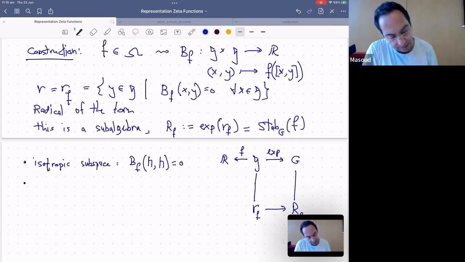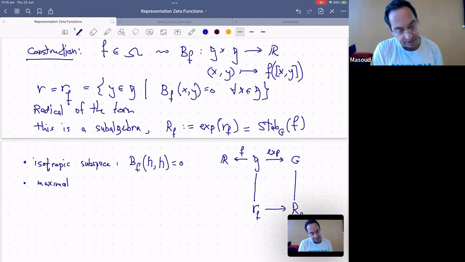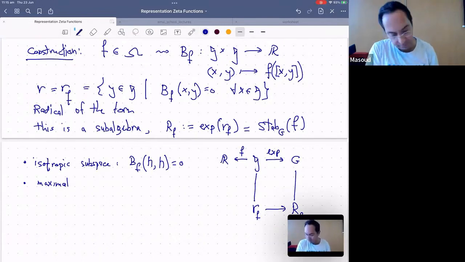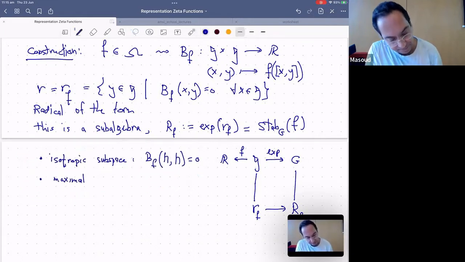And we say that it is maximal if it's maximal with respect to inclusion. And if it's isotropic and maximal, then it will be called, okay, let me, I need some more room because I have some more names here. So isotropic and maximal is called Lagrangian.